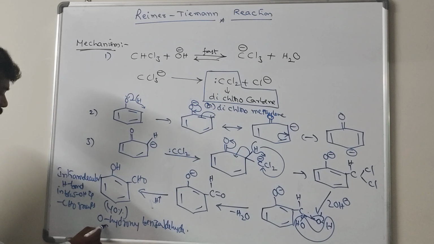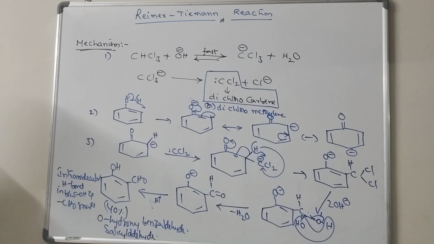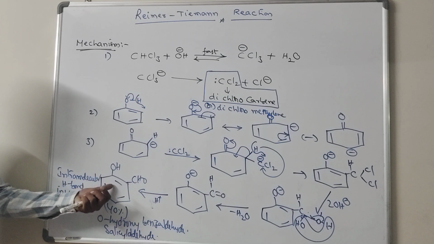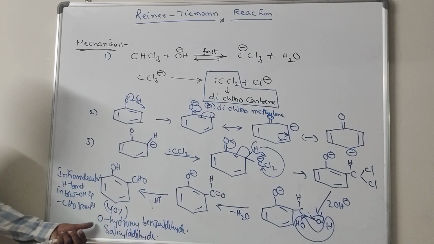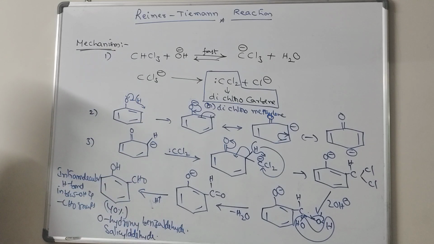This is also known as salicylaldehyde. This is the formation of the 40% aldehyde-substituted phenol in the Reimer-Tiemann reaction.